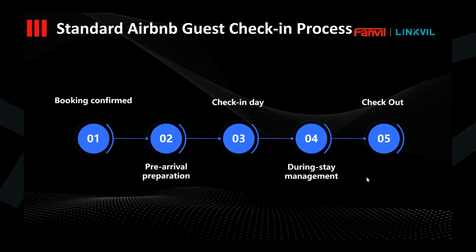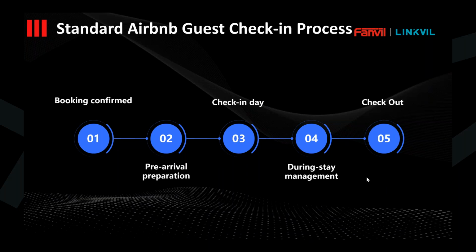The fourth part is during-stay management. During the stay, the system supports secure visitor handling, remote support, access monitoring, and multi-property management for the host. This improves both security and guest satisfaction. And the last part is the checkout.